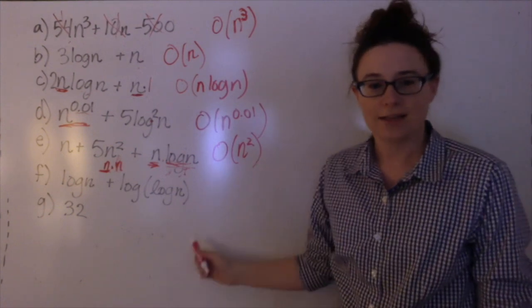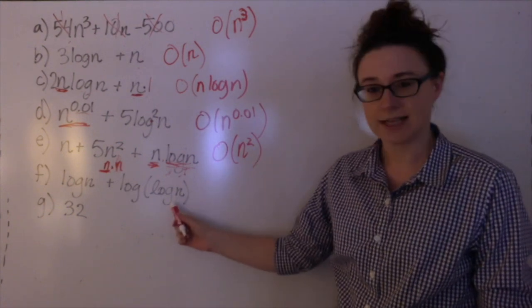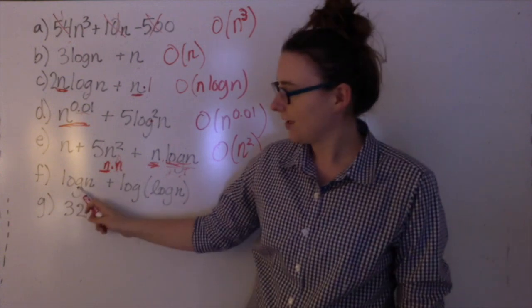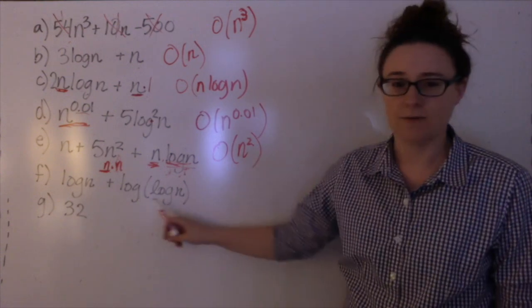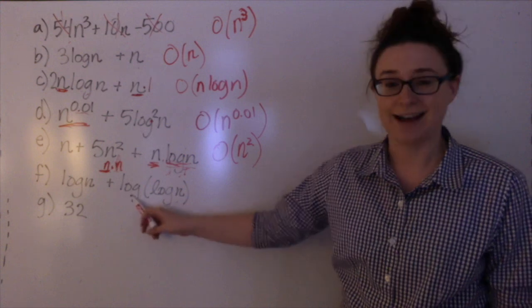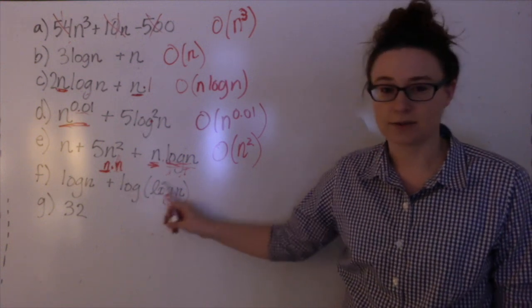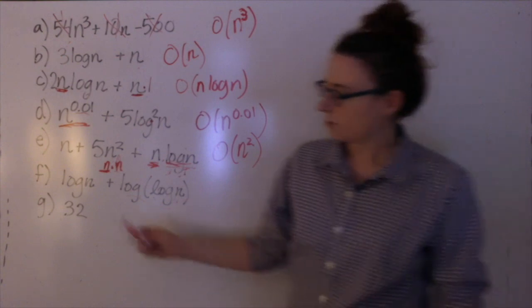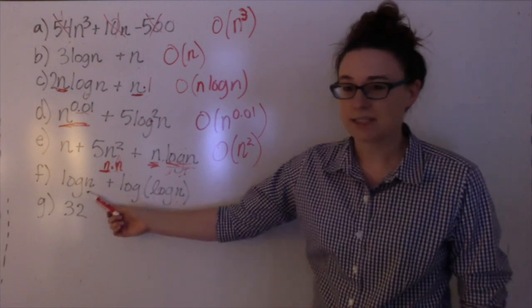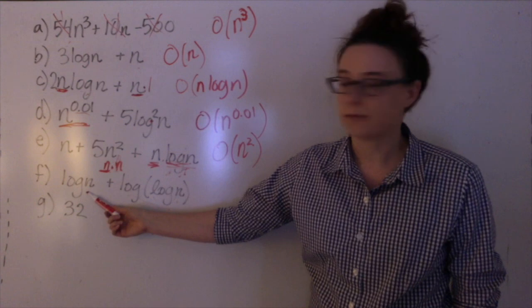Okay, and lastly here, oops, second to last, we have log n plus log of log n. Note that this is not log squared of n. We're taking the logarithm of whatever the result of log n is. Log n just by itself is a slow growing function.